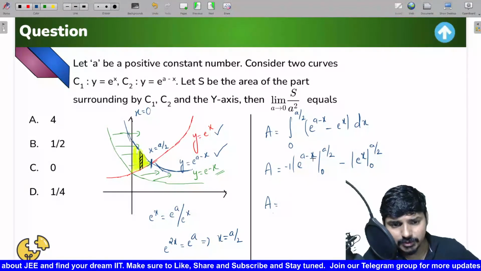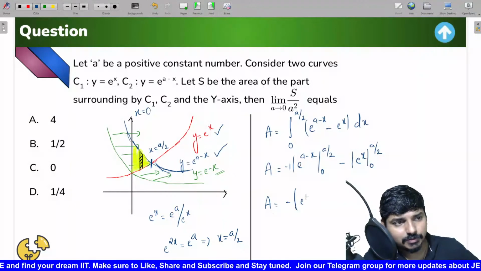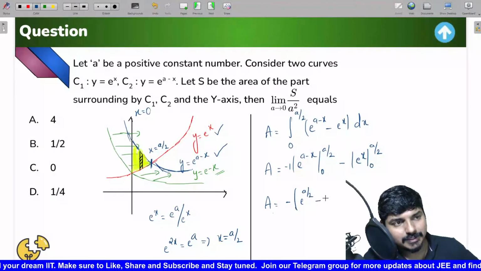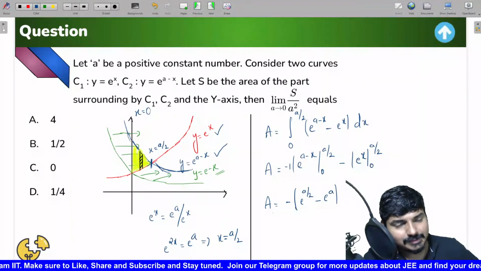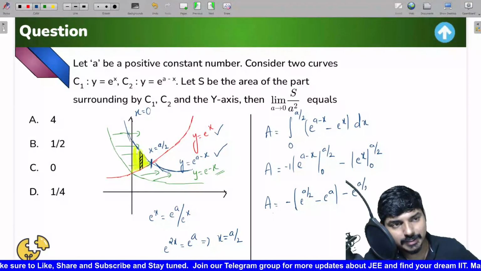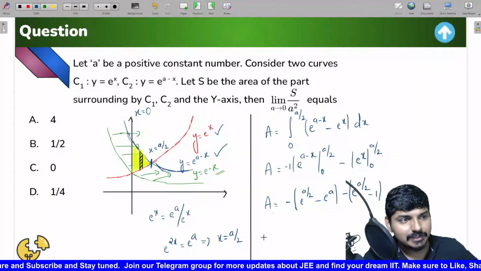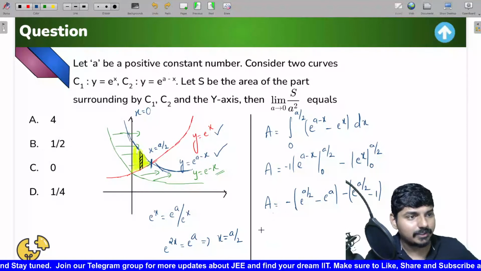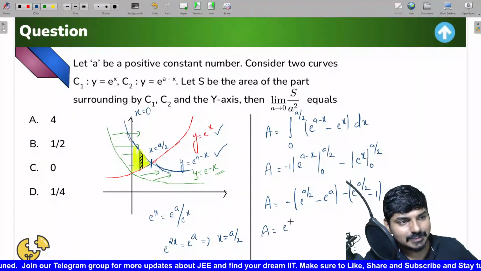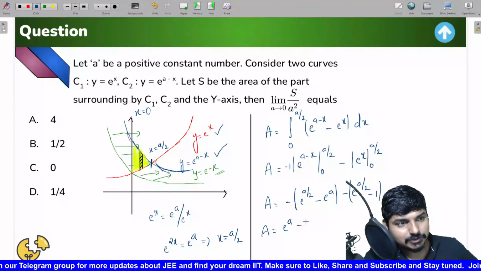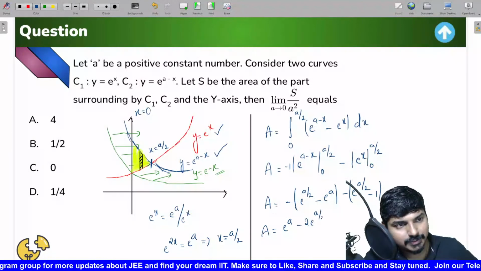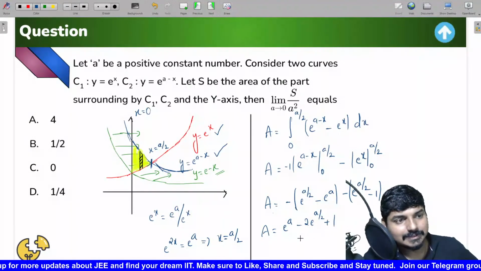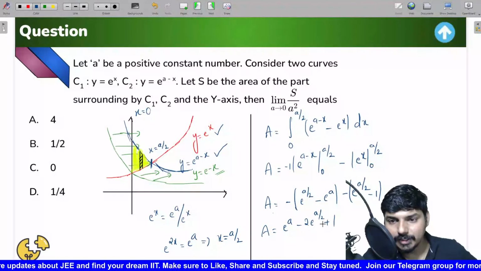If you apply x equal to a by 2, I'll get minus e raised to a by 2 minus e raised to a, and this is minus e raised to a by 2, and here minus e raised to 0 is going to be 1. So I'm going to get the area in this particular case to be e raised to a minus 2 into e raised to a by 2 plus 1. This is the area you are going to get, everyone.